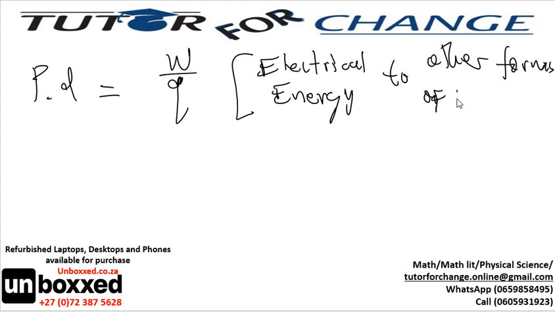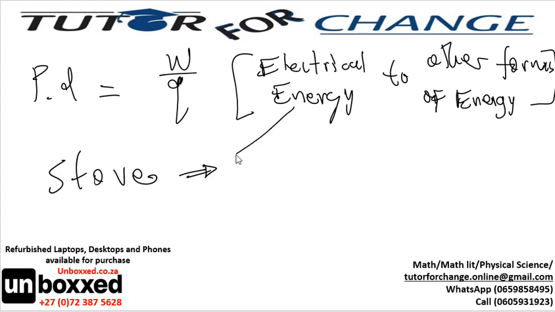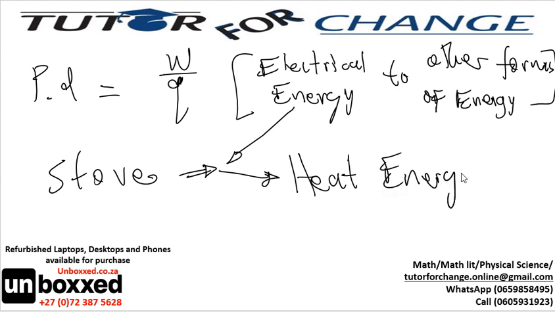And we don't specify them because it will depend on the type of resistor that has experienced that current. If we have a stove, that electrical energy will hit the stove and the stove will convert that to heat energy. That is an example that we gave.